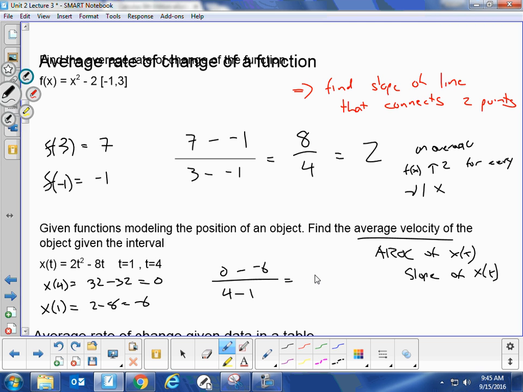We get 2 again? Fantastic. Didn't mean to get 2 again, but we got 2 again. Anybody else get 2? Yeah? Okay.